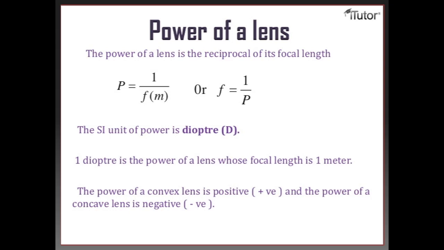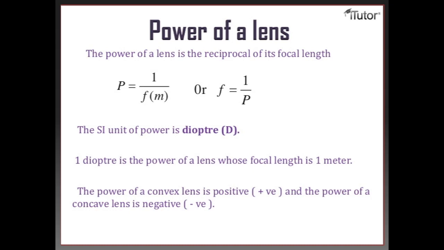So, the power of a lens can be defined as the degree of convergence or divergence of the light ray. Hence, power of a lens is numerically defined as the reciprocal of its focal length. So, P = 1/f, and f = 1/P.